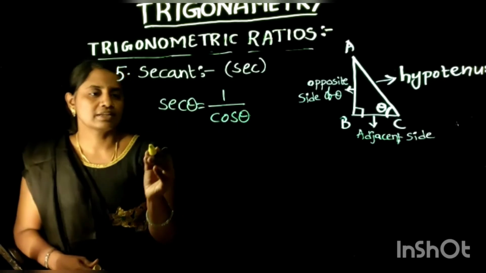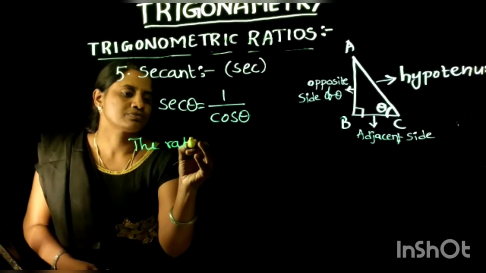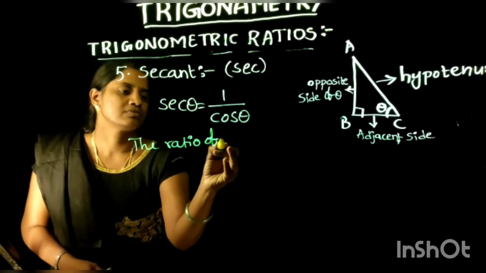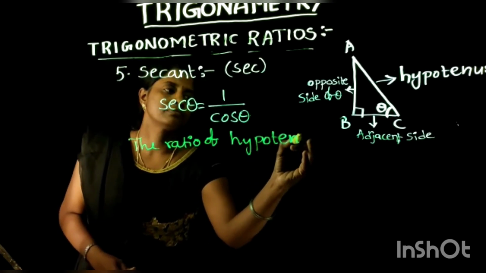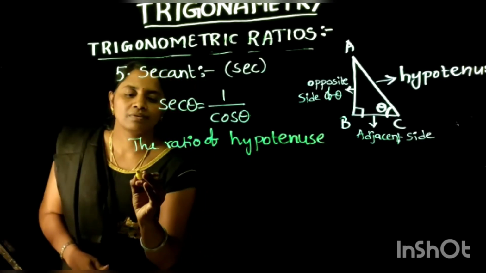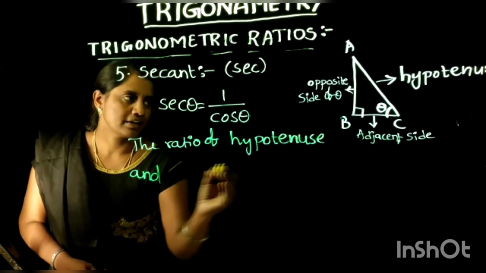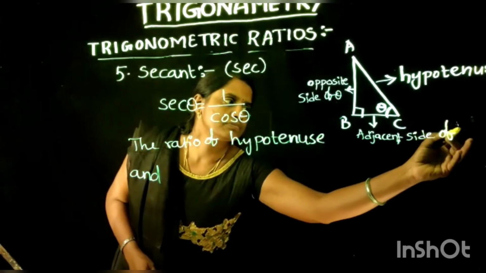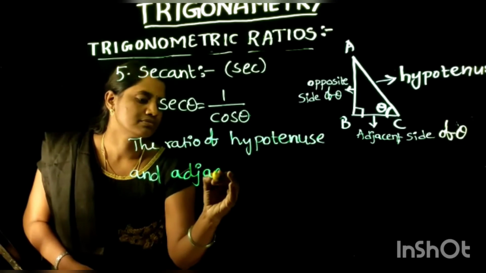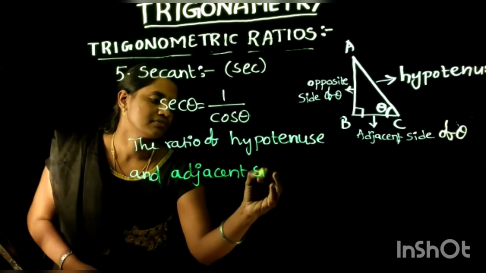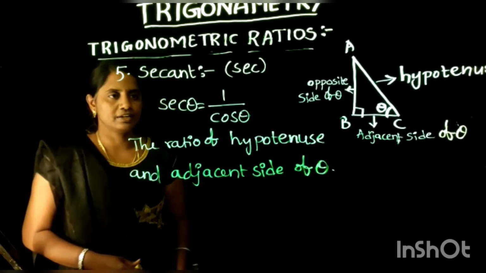The definition of sec theta is the ratio of the hypotenuse and the adjacent side of angle theta.